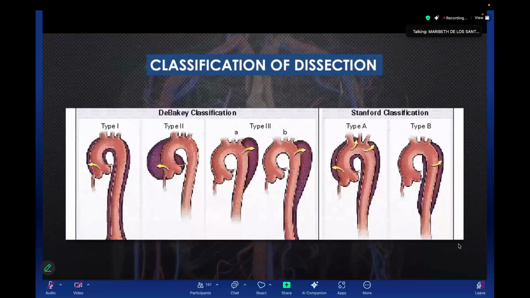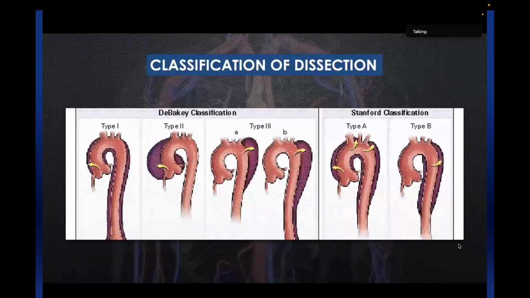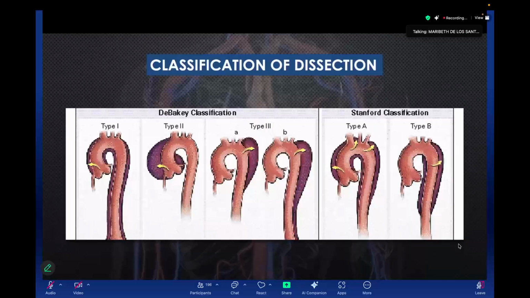So let's go to the classification of aortic dissection. We have Stanford and DeBakey. This is an anatomic classification. Stanford classification divides aortic dissection into two groups, Stanford A and Stanford B. Stanford type A involves the ascending aorta and can propagate to the aortic arch and descending aorta.